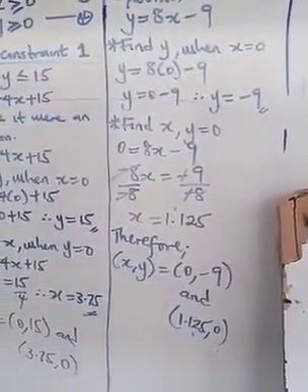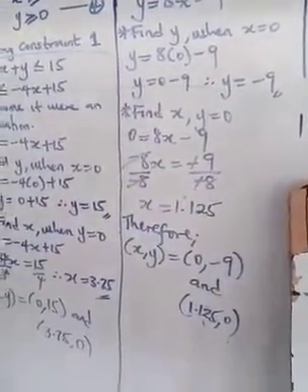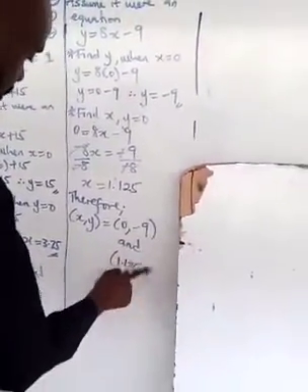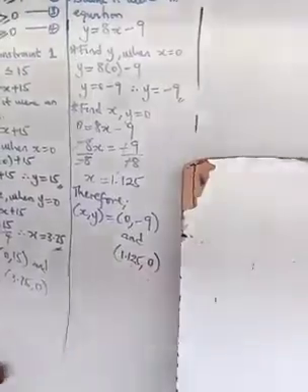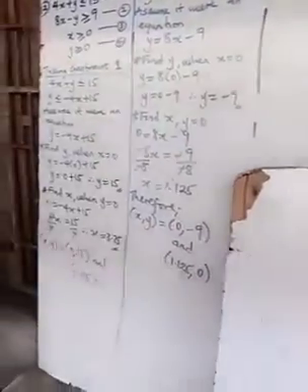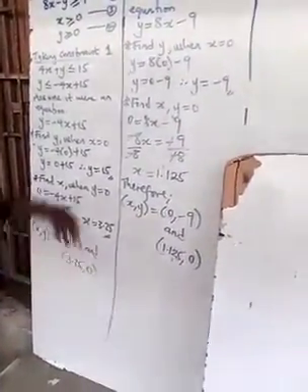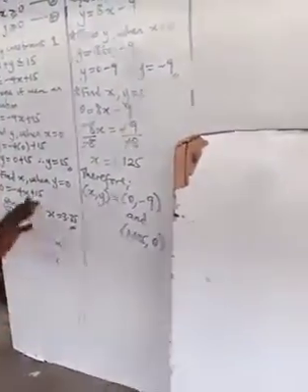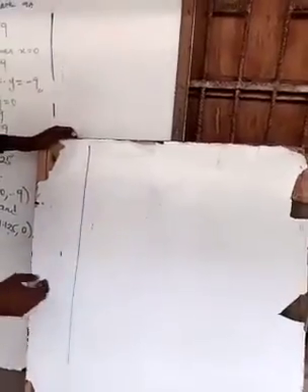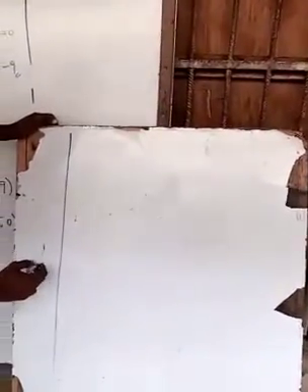So we are going to plot these two graphs on this other board. But here we have a negative value of y, minus, and we have a positive value of y, plus 15 minus 9, but we have only positive values of x. So I'm just trying to see how we are going to divide this. So we'll take it halfway.